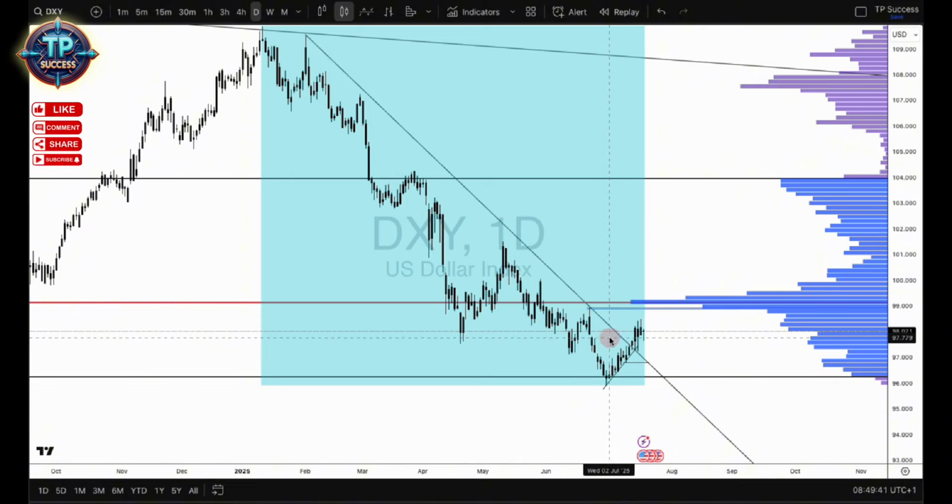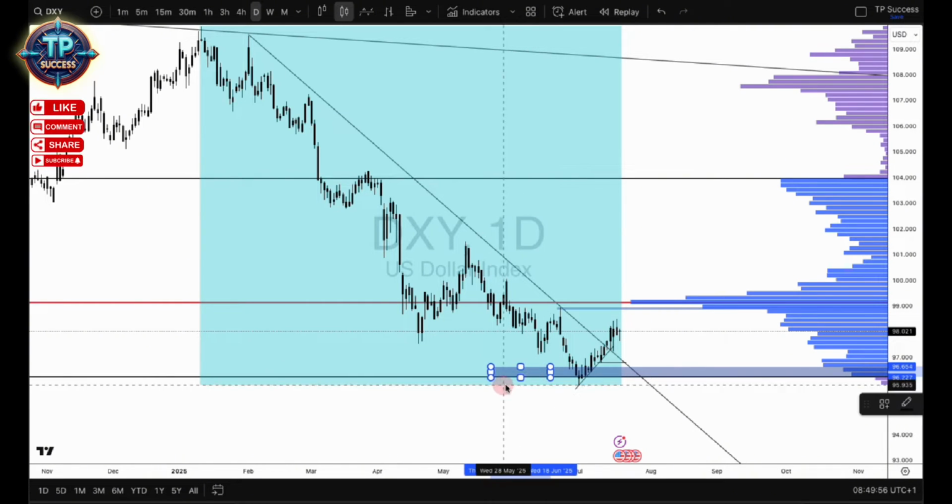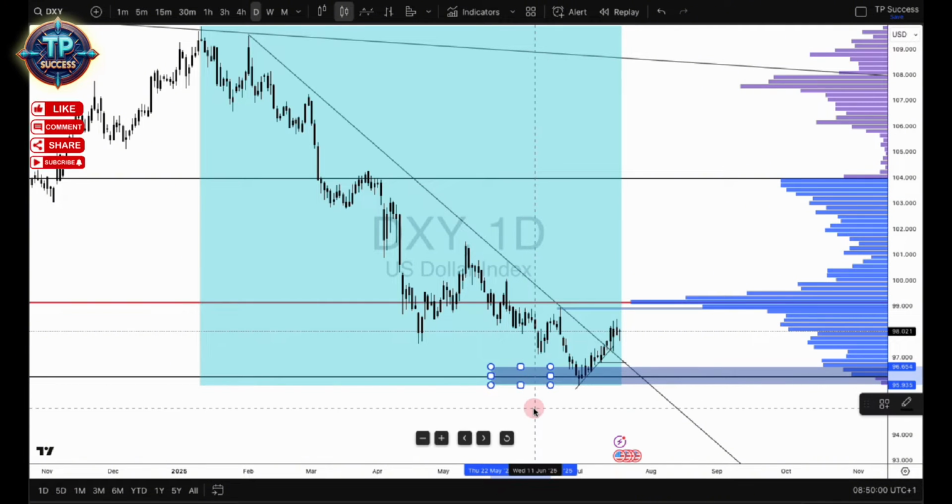So when we go back to the DXY, what can we see? Well, we have a low value node in this area right here that price has just moved away from. So I will highlight this area right here. Okay, I will highlight that area because that is a definite low volume node area.